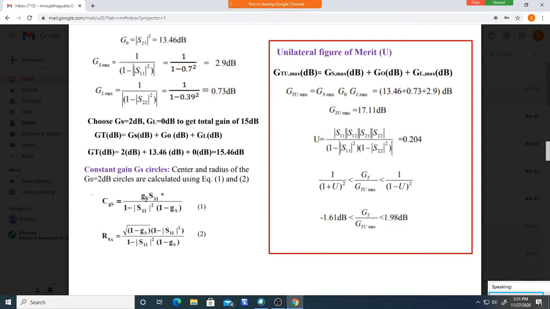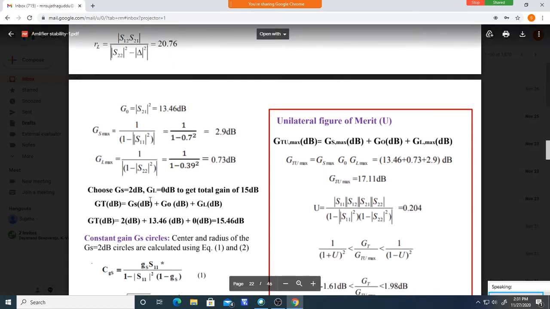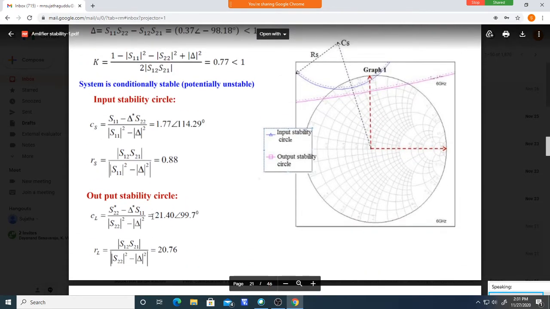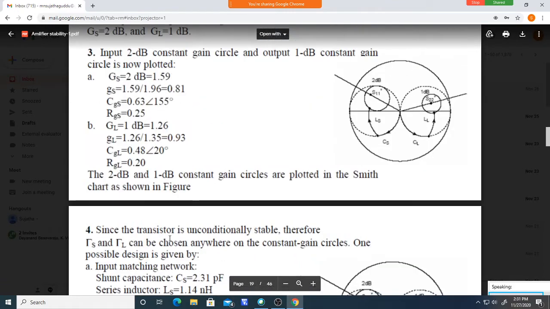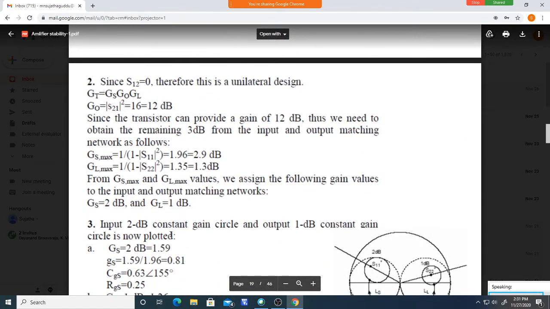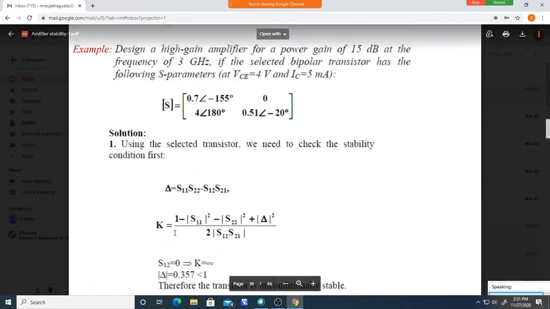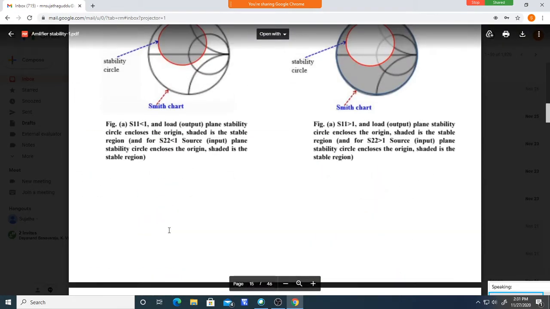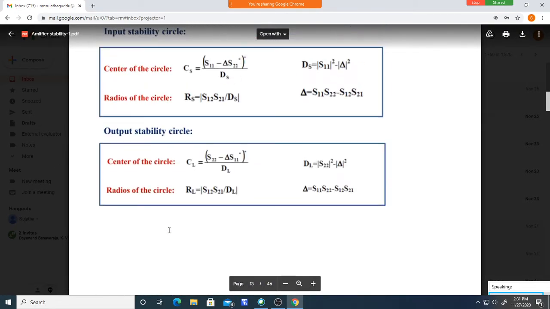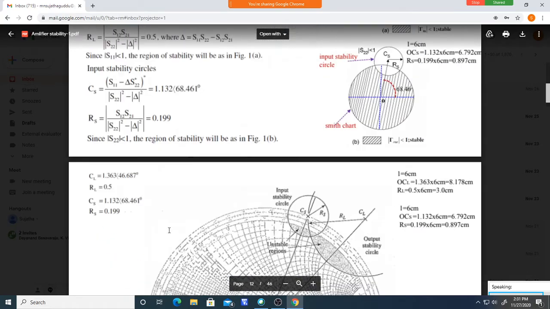And again GS is here, GS divided by GS maximum. Remember this equation. Center and radius, GS maximum. This is small GS, the normalized gain.